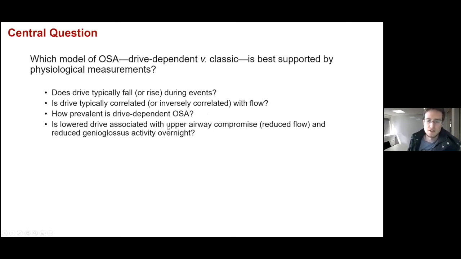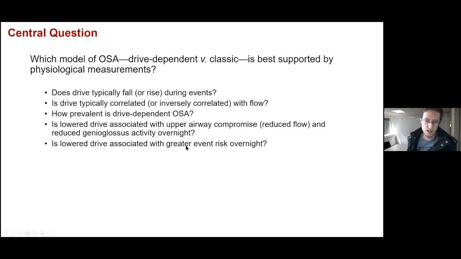Is lower drive associated with upper airway compromise? And we use reduced flow to measure that, and reduced genioglossus activity overnight. So if drive-dependent OSA dominated, we would expect to see that lower drive would be significantly associated with falling flow and less activity during sleep, regardless of whether you're in an event or not.